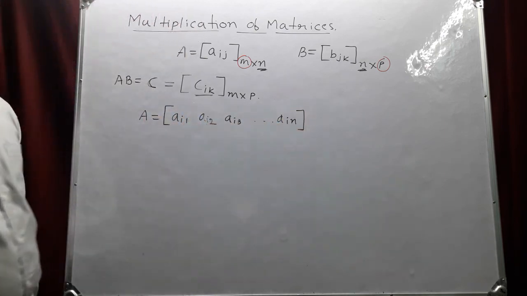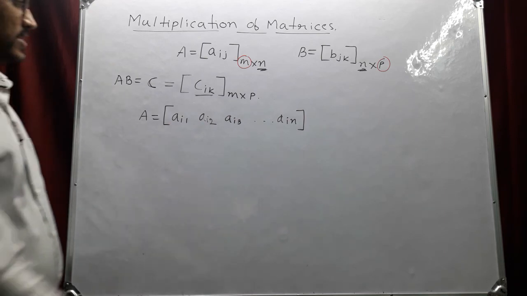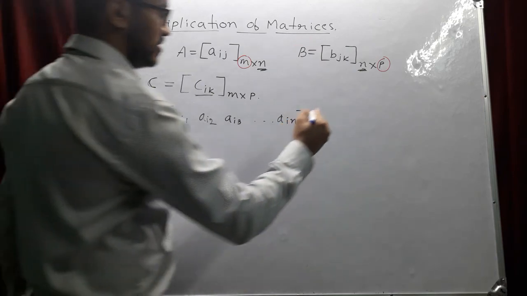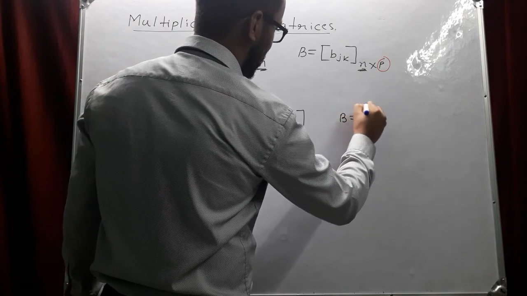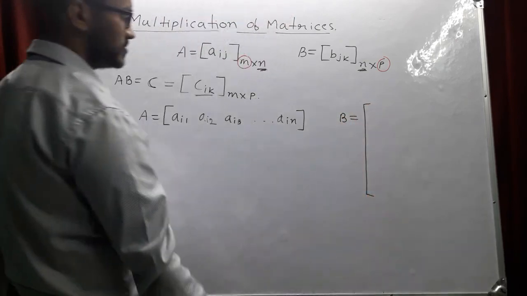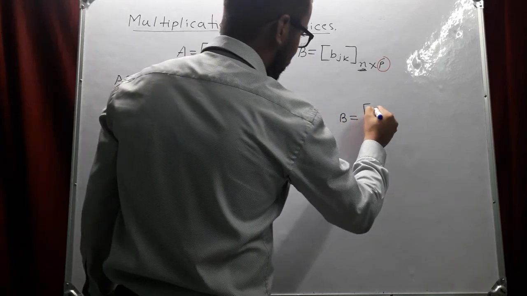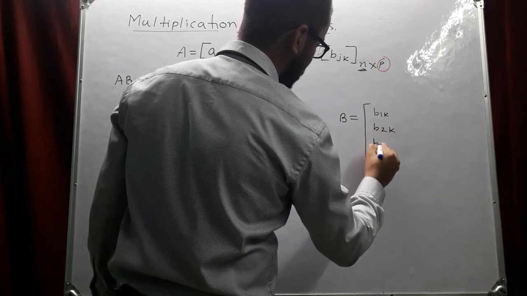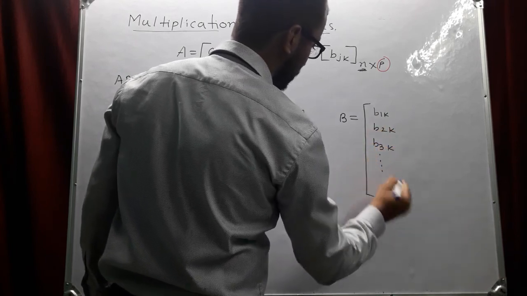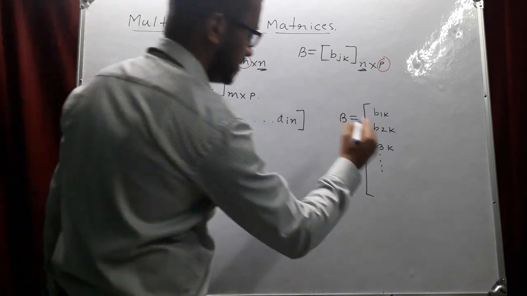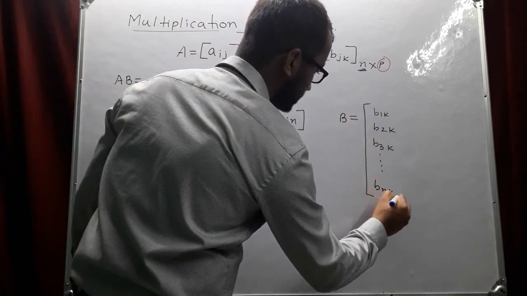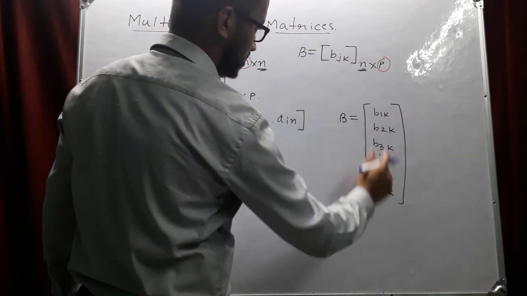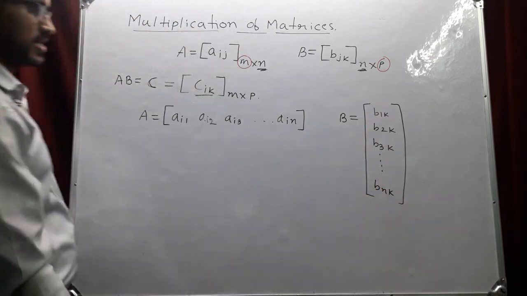So this is the ith row of the matrix A. Take the kth column of matrix B. The kth column of matrix B is B1k, B2k, B3k, and so on. Since it has n rows, the last element of the kth column will be Bnk.